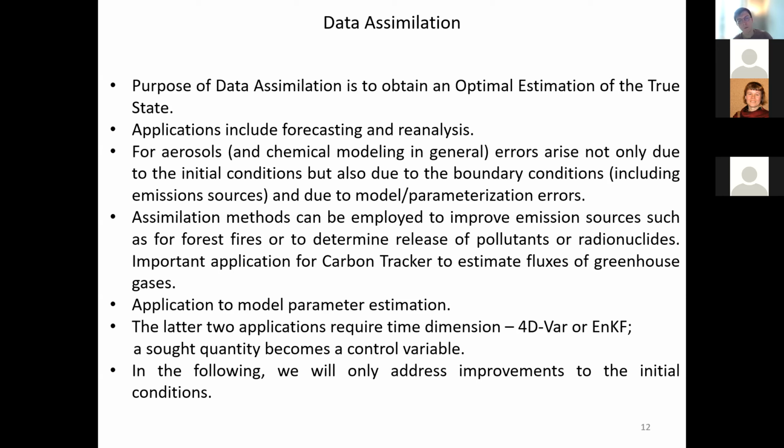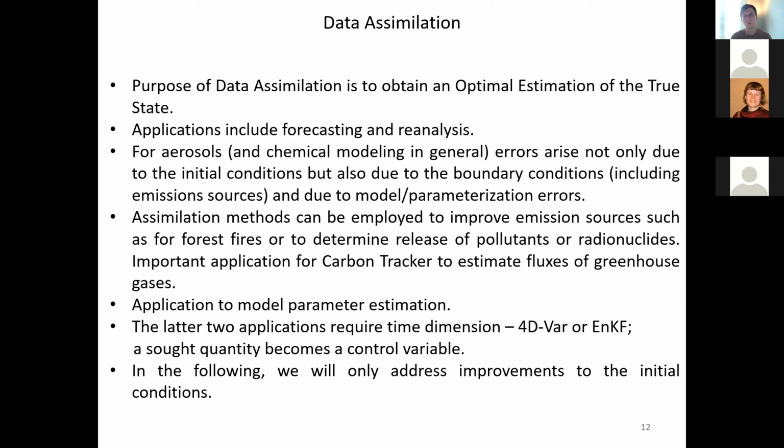The applications of data assimilation are to forecast and to reanalyze. Forecasting would be that you provide, say, initial conditions for the forecast at the next time step, or reanalysis, where you just care about obtaining the best information about what the atmospheric state is, and you have it for a historical record, for science, for analysis.